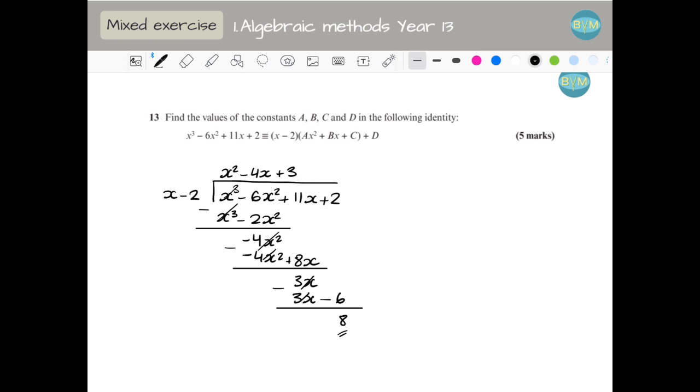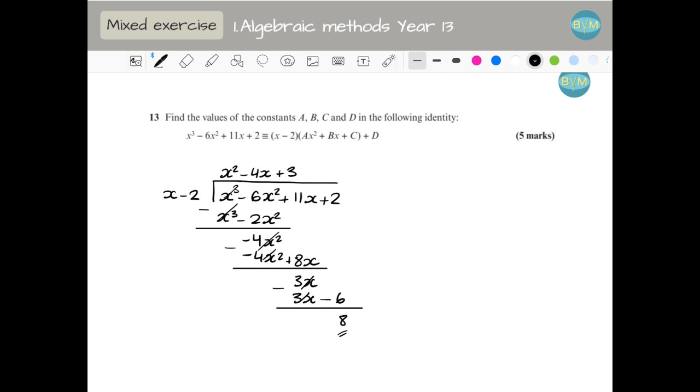This means that this polynomial here can be written as the product of these two plus the remainder, like in any division. So when we divide a number by another number, this number can be written as the divisor times the answer plus the remainder.